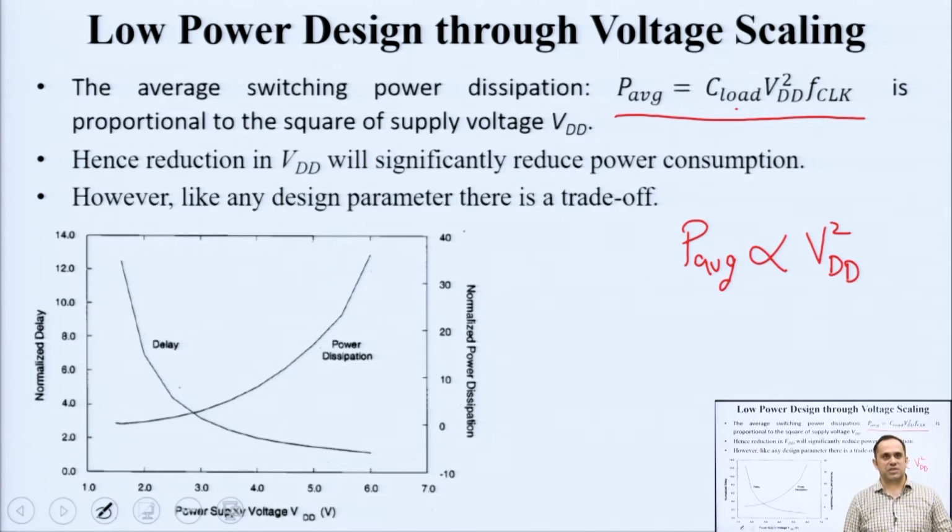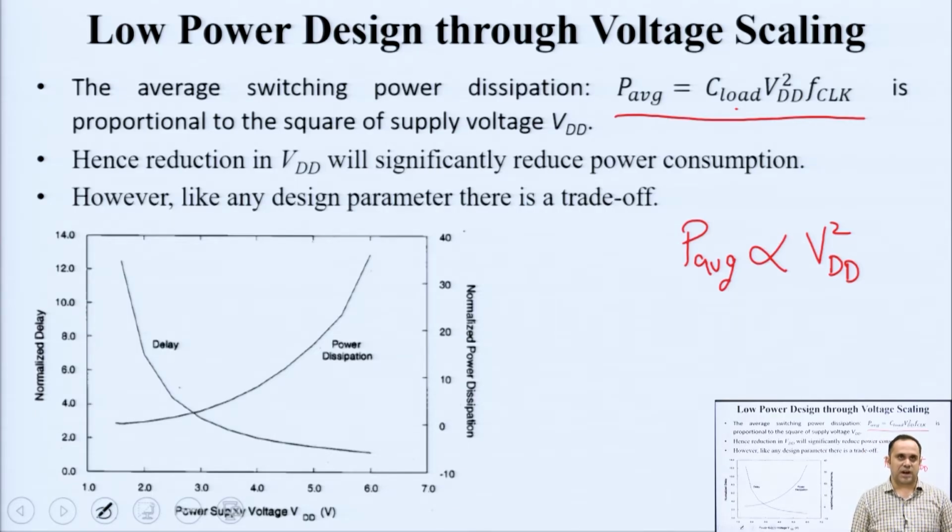So, if I do not touch the clock frequency, if I do not alter the load capacitance, if I keep driving the same load at the same frequency, and if I can reduce the power supply and still maintain the correct operation, this kind of an arrangement is going to reduce my power consumption. But in most engineering problems, and especially CMOS VLSI design, there is always a trade off.